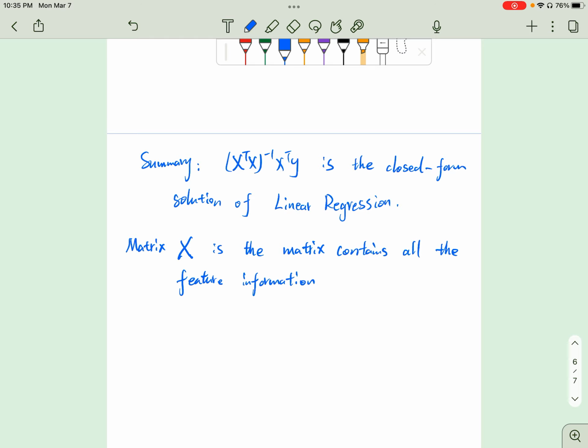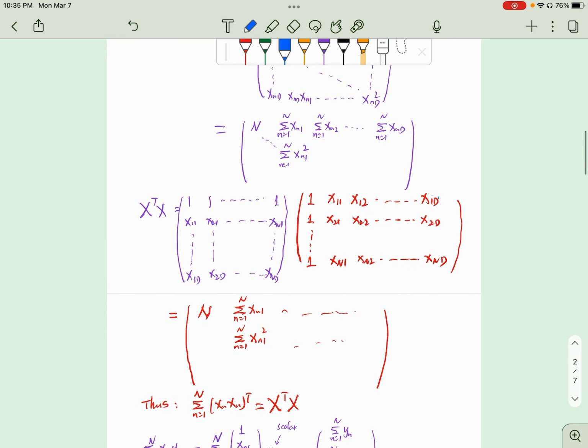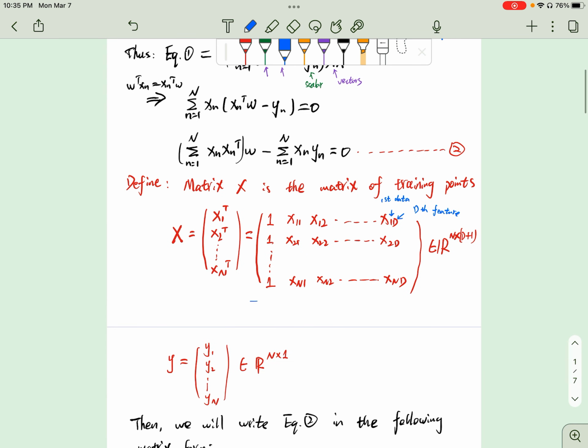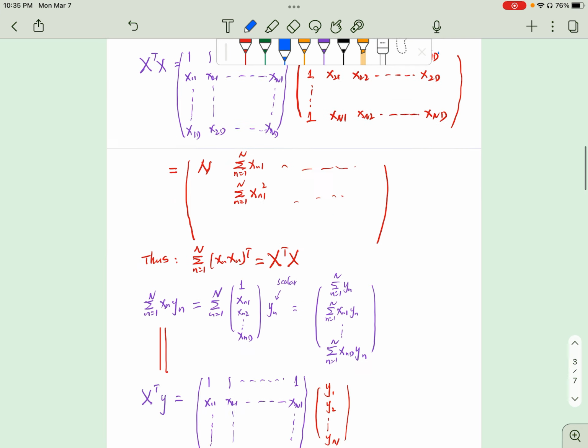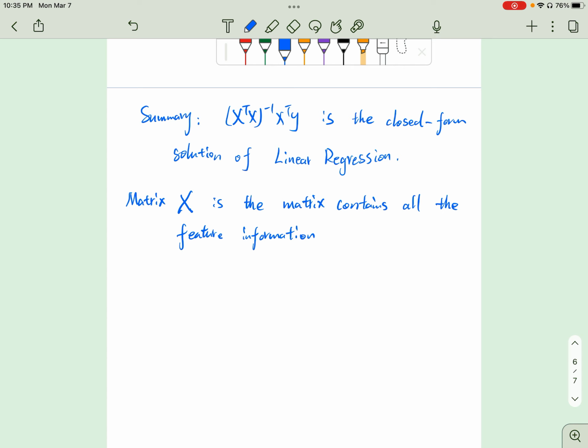This makes sense, right? Because if you look back on how I defined x, the first row is the feature vector of the first sample. The second row is the feature vector of the second sample. The nth row is the feature vector of the nth sample. So this very big matrix X contains all the feature vectors, all our training points. So this matrix is very important.